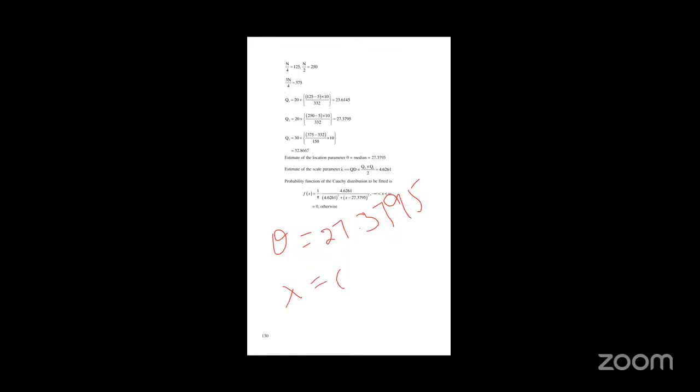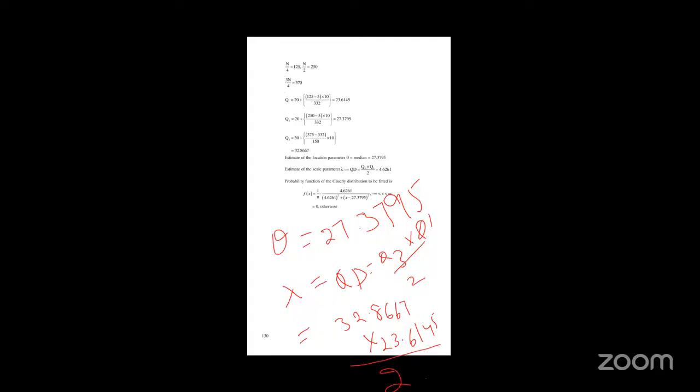Then what is the lambda value? Lambda is equal to the quartile deviation, so Q3 minus Q1 by 2. Q3 is 32.8667 minus Q1, Q1 is 23.61445, divided by 2.